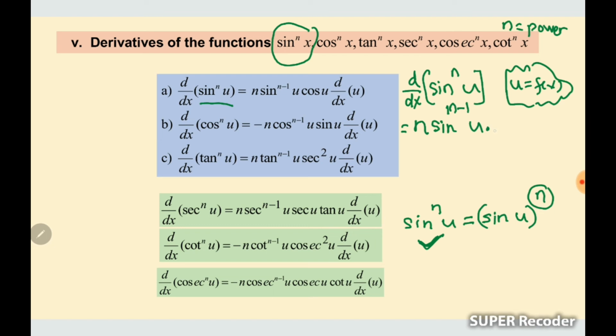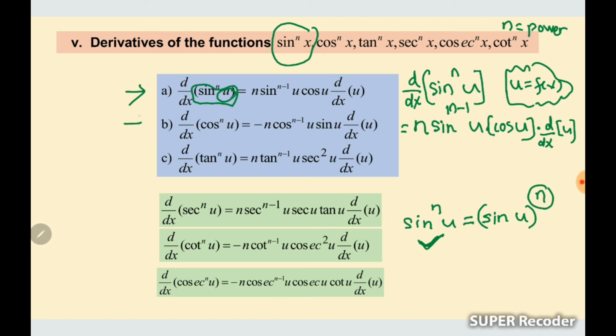You have to differentiate sine u, the answer is cos u. Then we differentiate the inner part, differentiate u. Okay, this is how I managed to get A. We use the general power rule, n is the power.